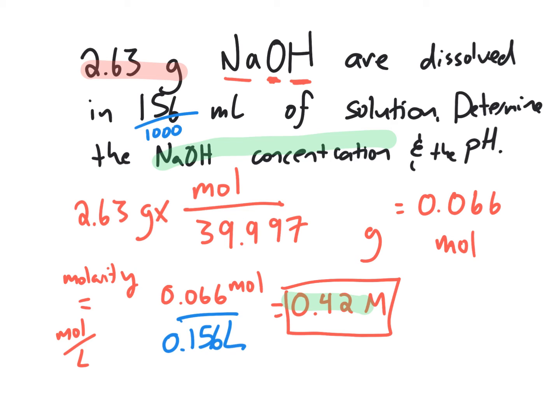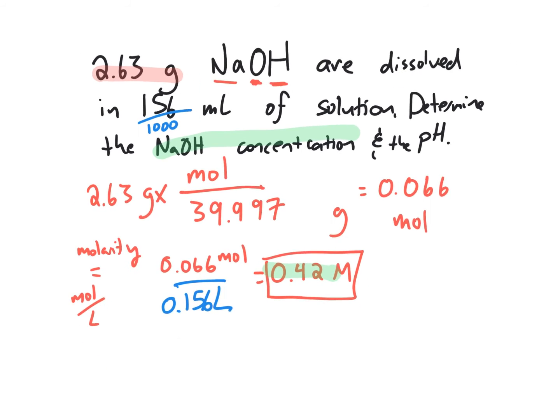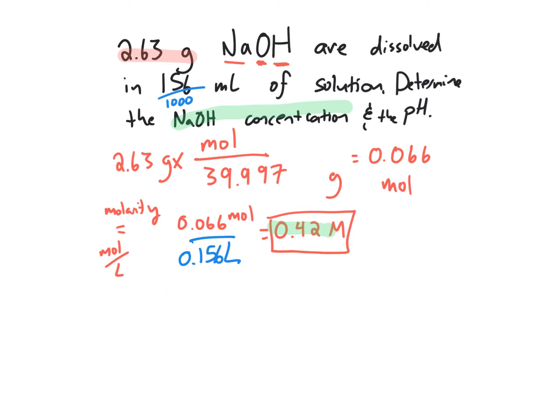But since it's a base, the concentration is 0.42. I take the negative log. I'm getting pOH. I take the negative log of 0.42.